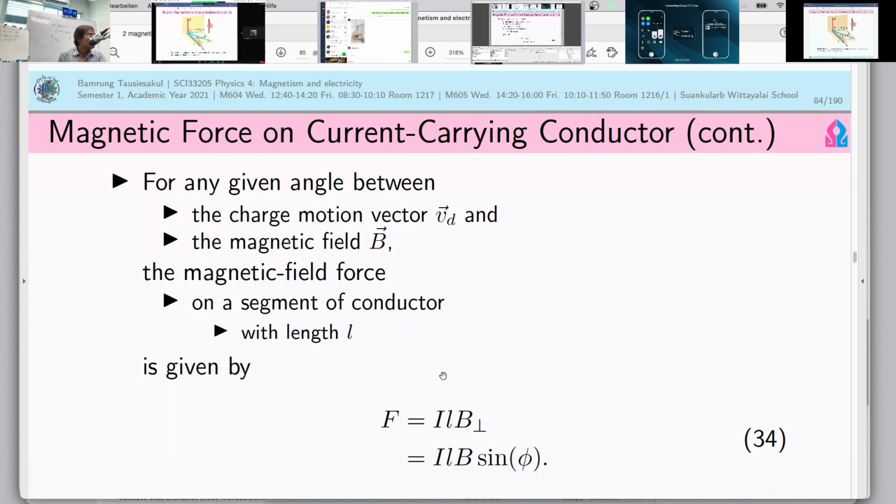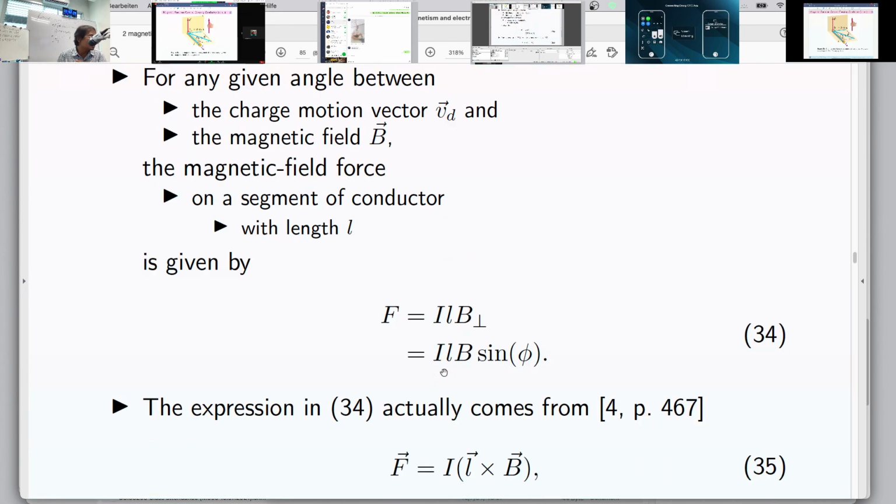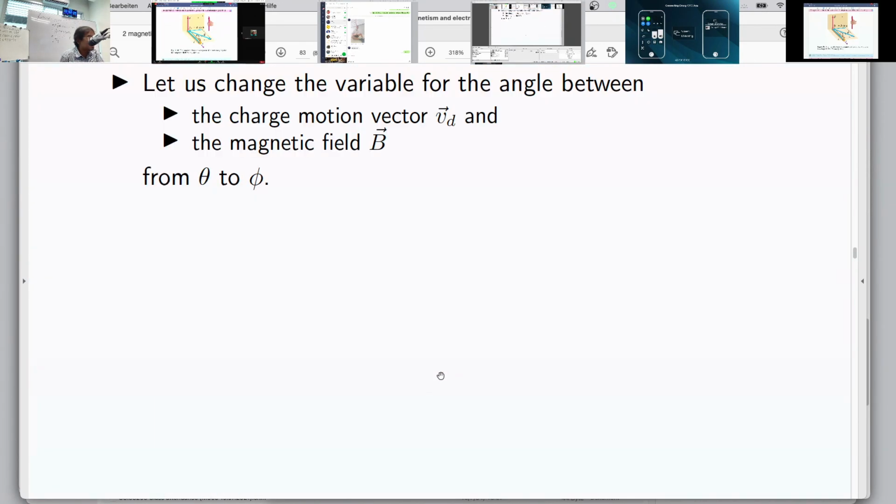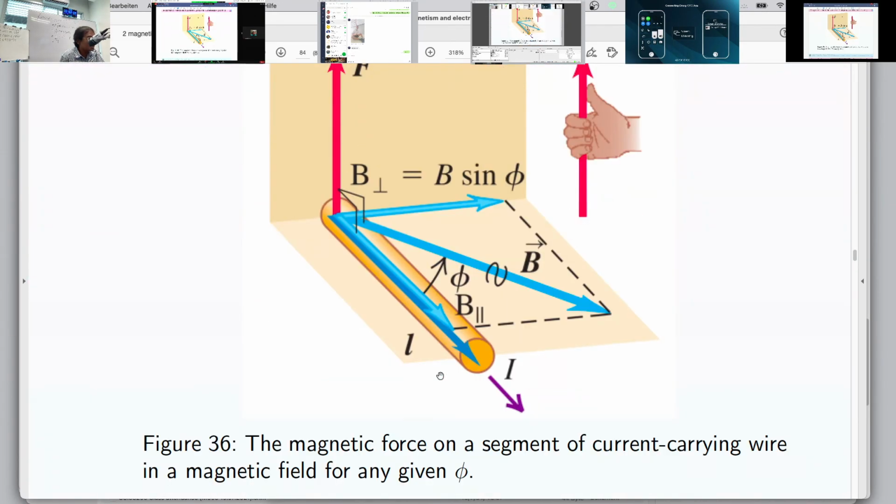Now let's move to the quantitative analysis, the analysis of the amount. Of course, what we have seen before is the result when the angle is 90 degrees, but this one is not 90 degrees.